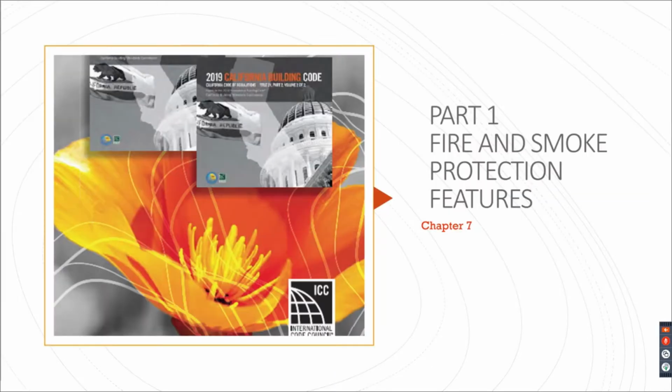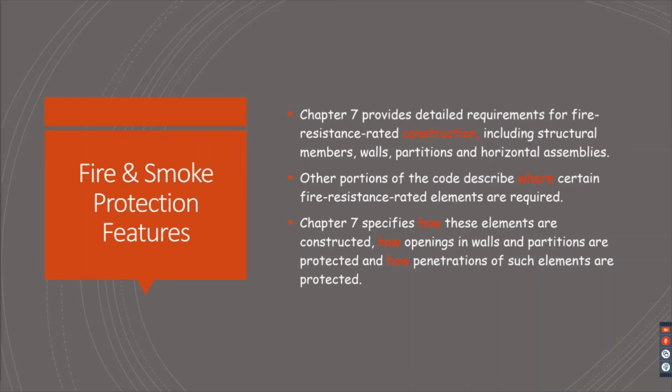All right, as I mentioned, we're pulling a lot of it right from the code, but you'll see some other information in here. You've got fire and smoke protection features in the code. This gives a little summary of where we find this stuff. Chapter 7 provides the detailed requirements for fire-resistive rated construction, and includes the structural members, walls, partitions, and horizontal assemblies.